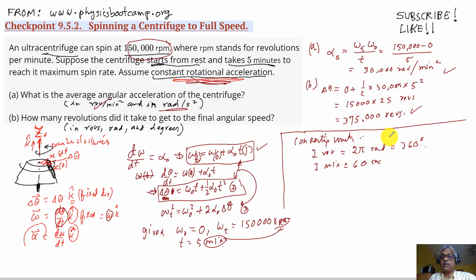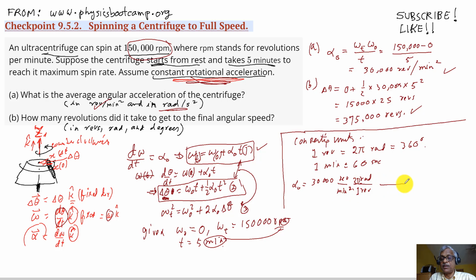So it's rather easy to convert. Alpha 0 is going to be 30,000 revolutions per minute squared. So I need to convert revolutions into radians: 1 revolution is 2 pi radians, and I need to convert minute squared, so there are 2 factors of minute.